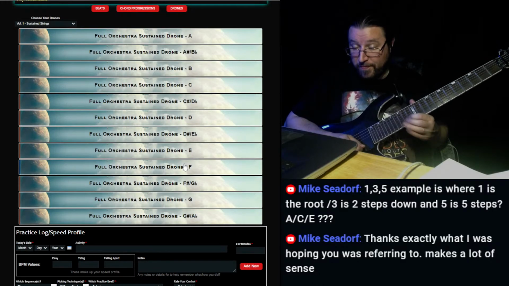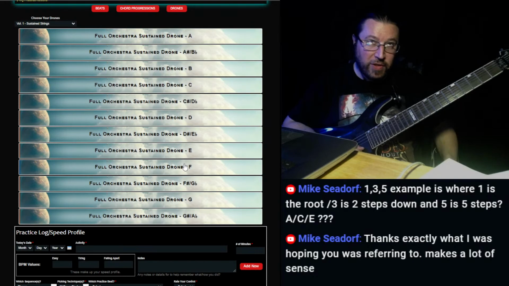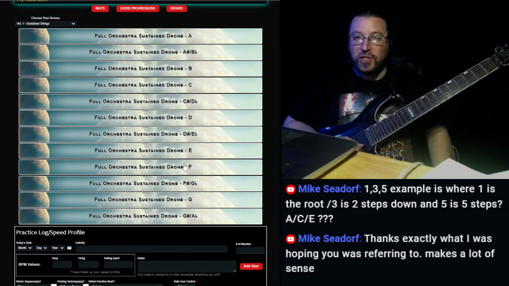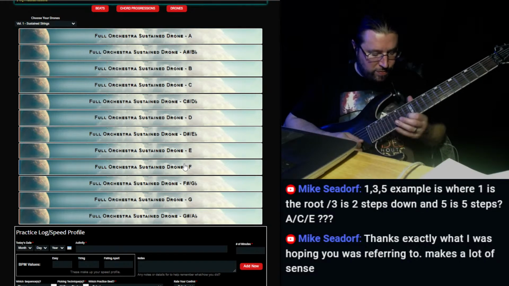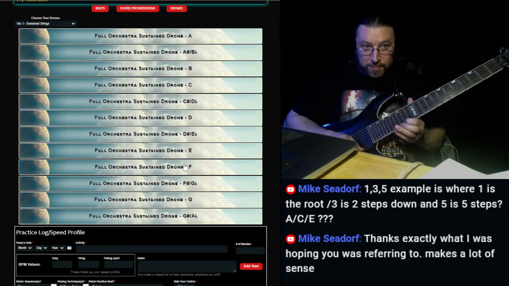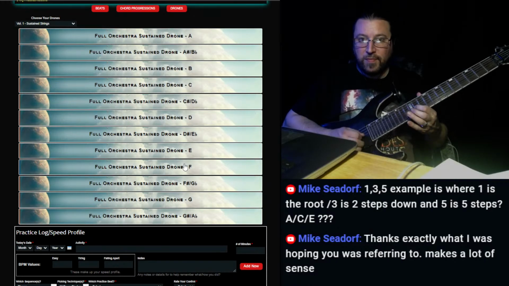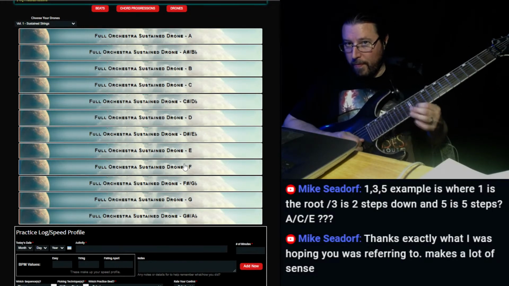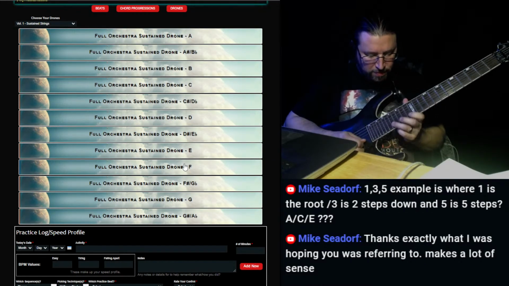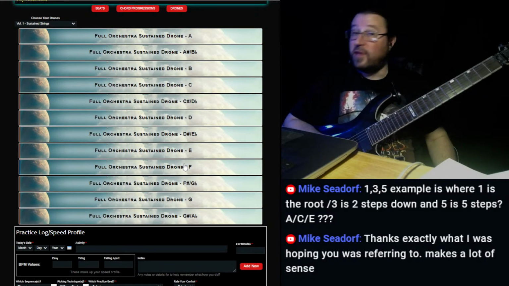Let's try C. Technically, because of one particular note toward the very end, it might be considered Lydian dominant, but I consider that just a change that happens at the end. Right here, that would be a dominant chord.